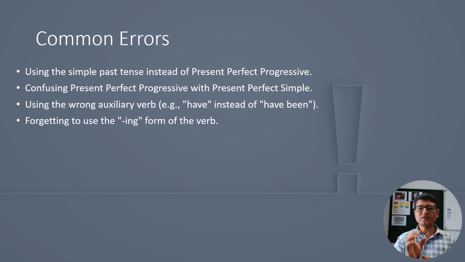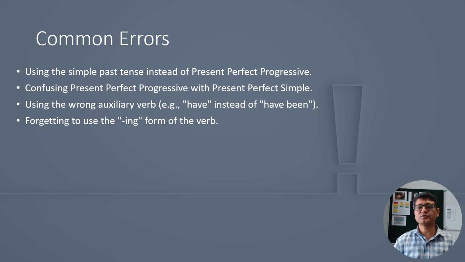Or sometimes people confuse present perfect progressive with present perfect simple tense, right? Why do we confuse? Because both of them use have, and we must understand both have different purpose, both indicate different time. Or using the wrong auxiliary, using have and not using been, so you have to use have been, right? And then forgetting the ing form, right?